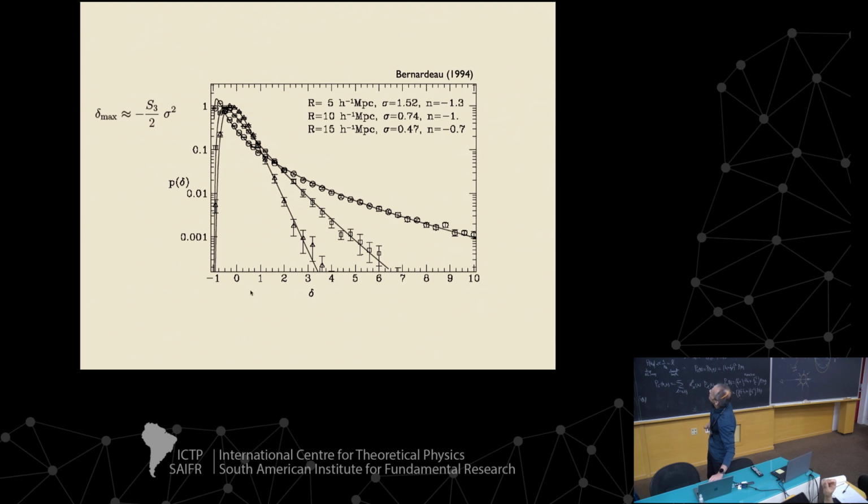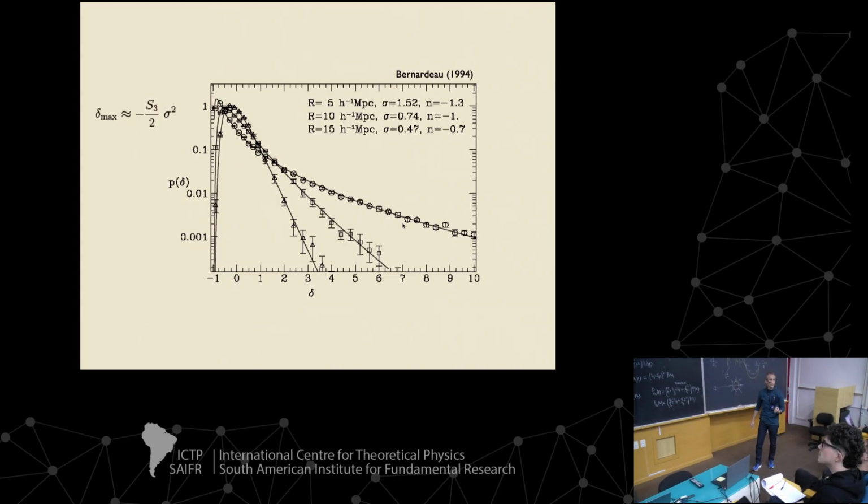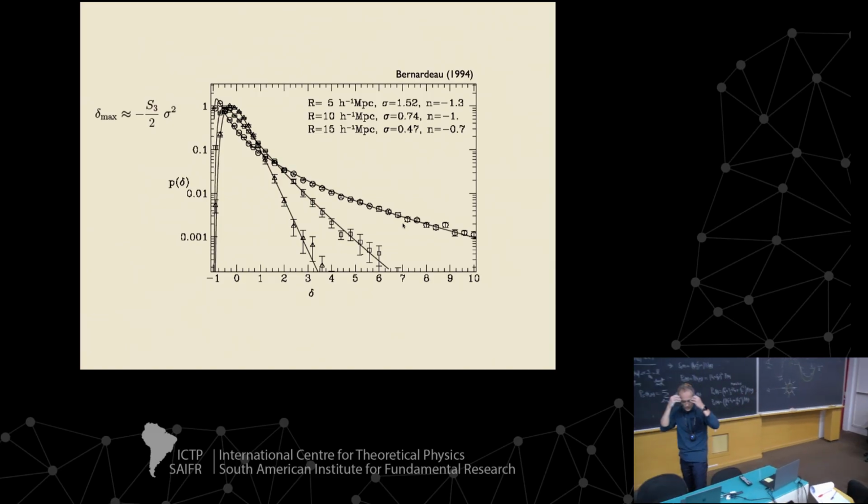It's not symmetric with respect to 0. As you go to smaller and smaller scales, you can see that it's highly non-Gaussian. And this tree-level resummation of all the tree diagrams that describes all the leading order cumulants works very well compared to simulations.